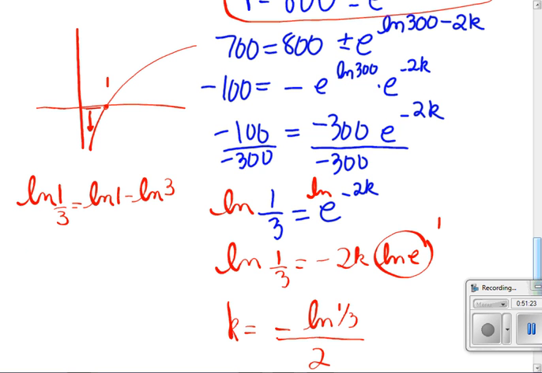But we know what the log of 1 is. The log of 1/3 is minus the log of 3. So basically anything in ln of 0 to 1 is always negative.